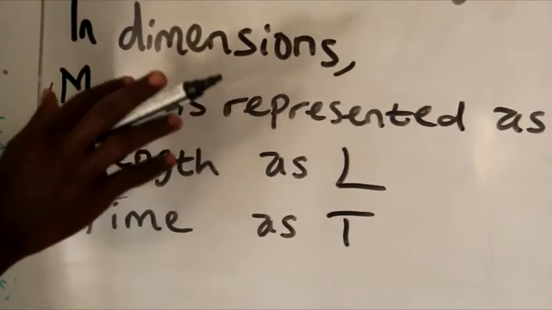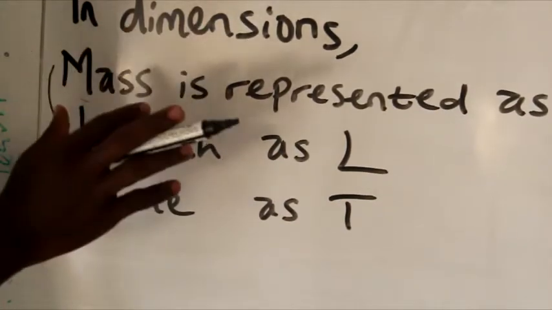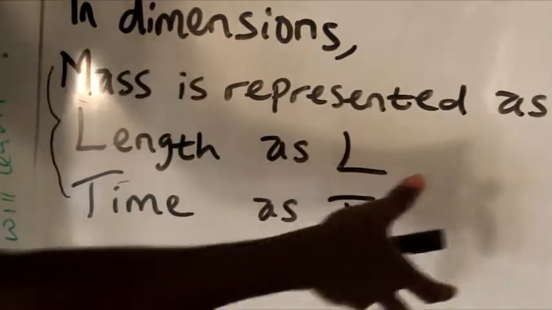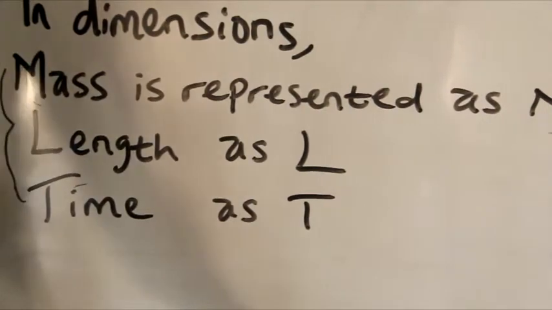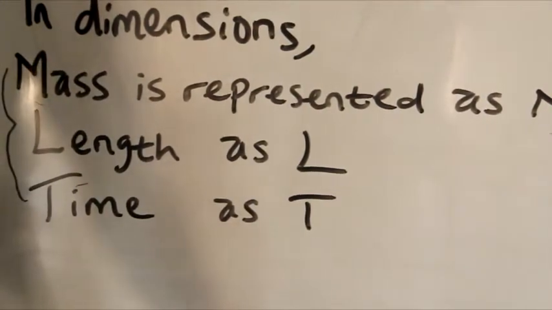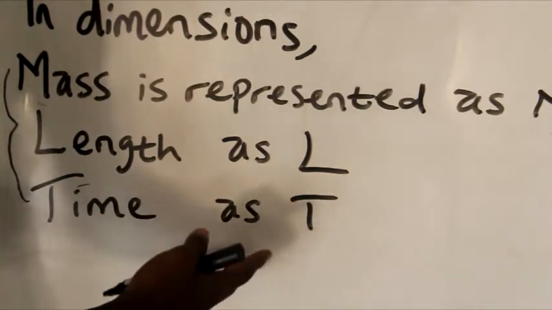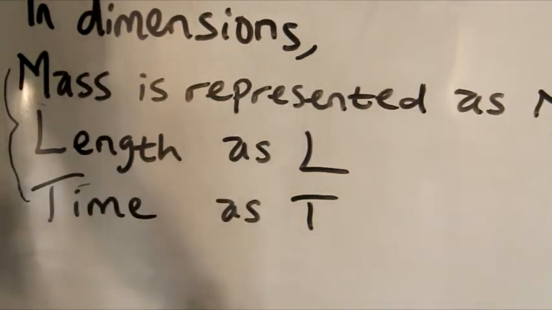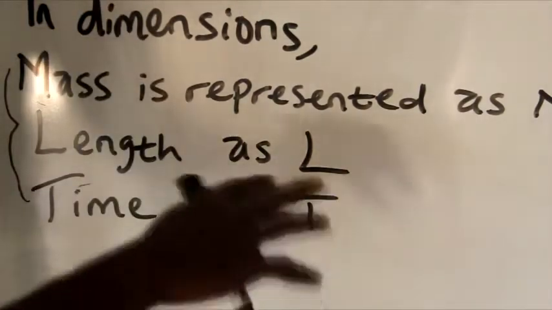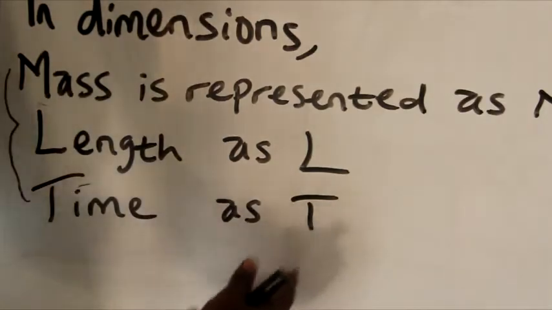So all other or most quantities are derived from these three. So for the sake of this tutorial, we're going to deal with derived quantities that are derived from these three basic quantities, and we'll learn how to get the dimensions of these derived quantities from the fundamental quantities.